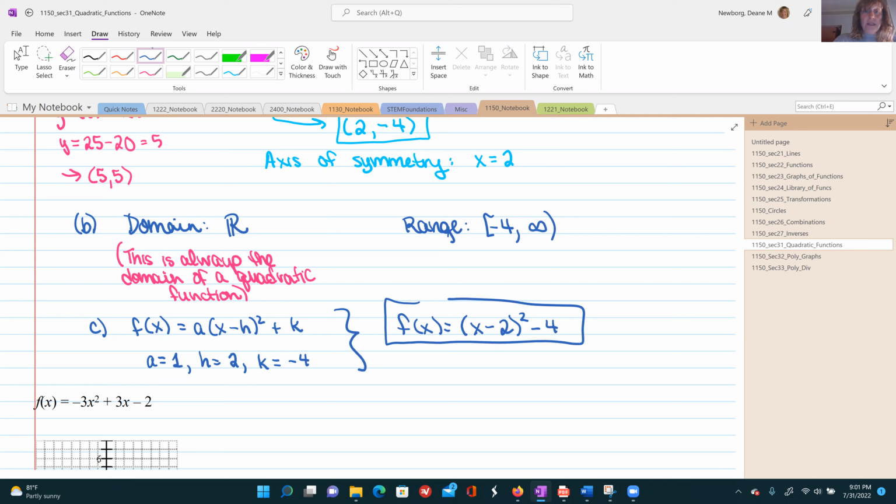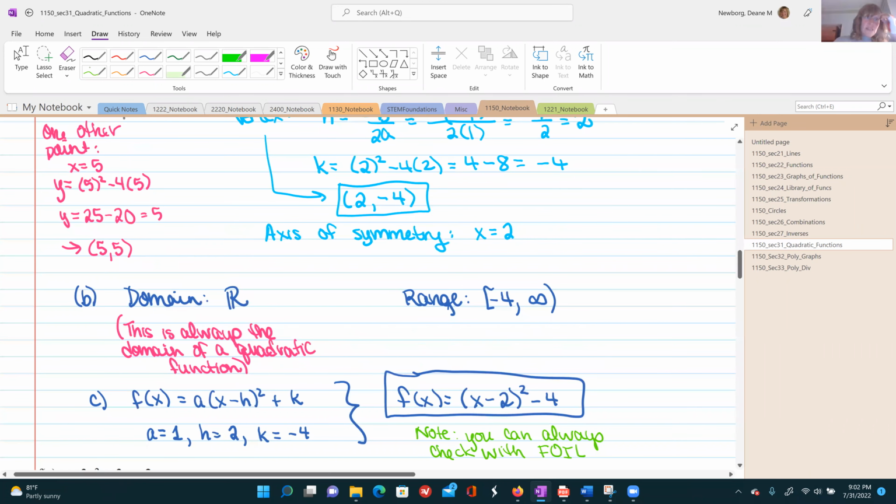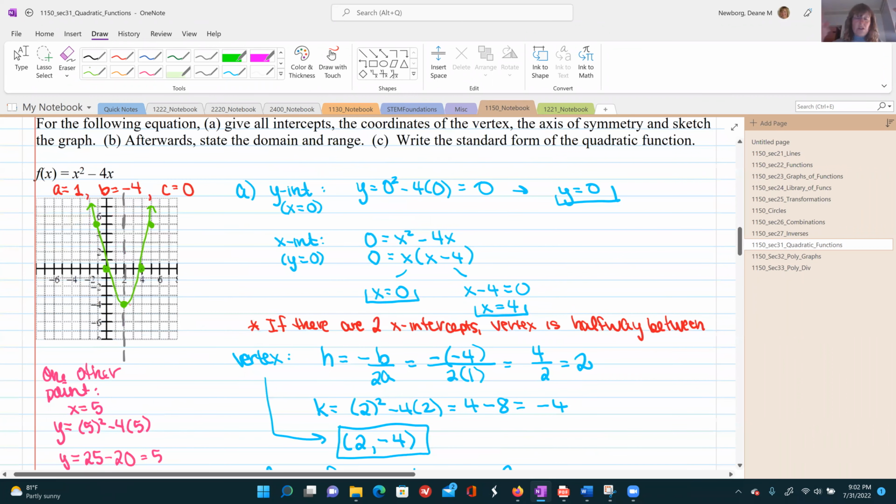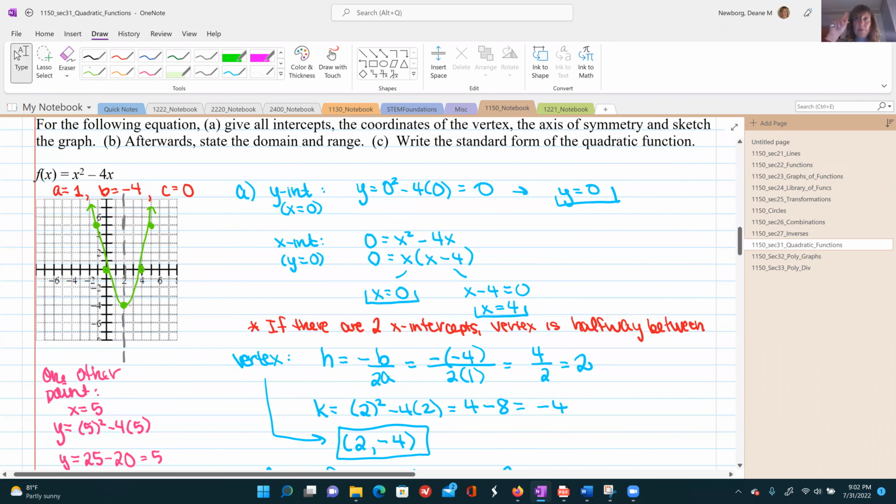I am not going to do this, but I am going to make a note that you can always check with FOIL. You multiply out, combine like terms, and you should get the equation that it started with. So if you do FOIL, combine like terms, you should end up with x squared minus 4x. If you don't, you've made a mistake.